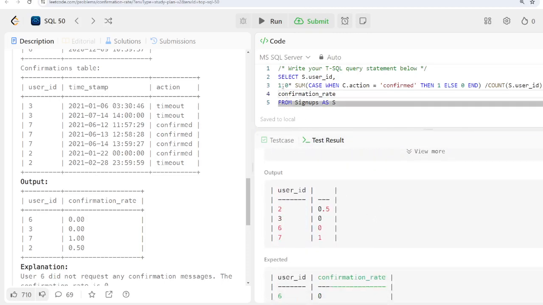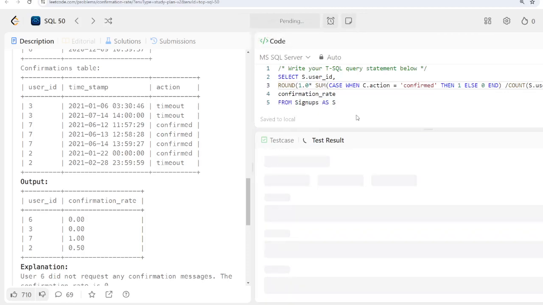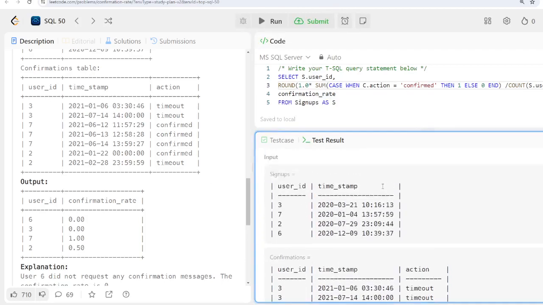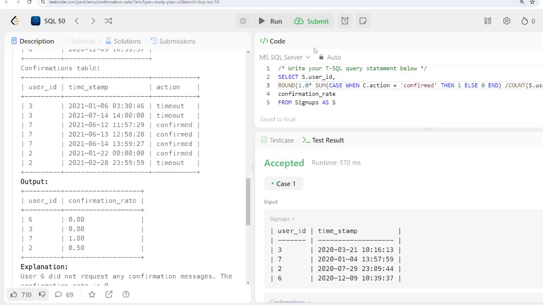And one thing also, we need to round this confirmation rate to 2 decimal places. So here I have to say to 2 decimal places. All right, and now let me run this. Yeah, so it got accepted, and now let me just quickly submit the code as well.